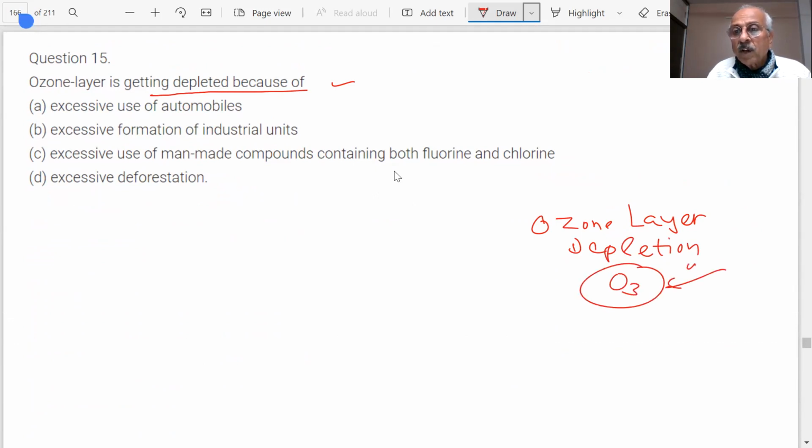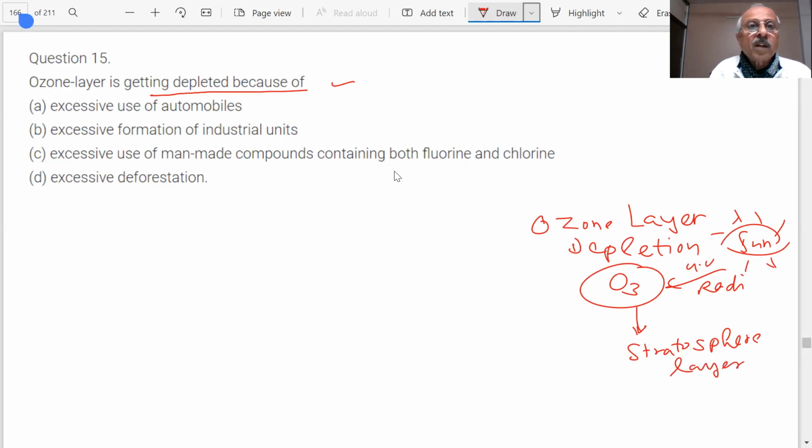It is absorbing the UV radiations from the sun, and then it dissociates by the UV radiation in the stratosphere. So all this we are learning.